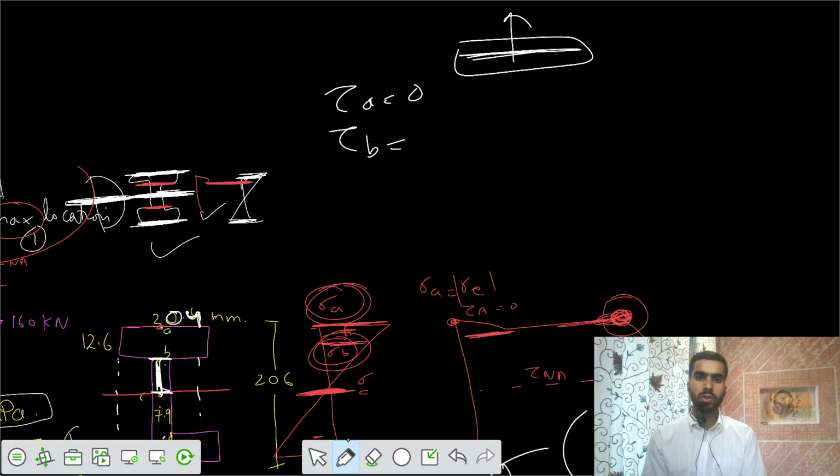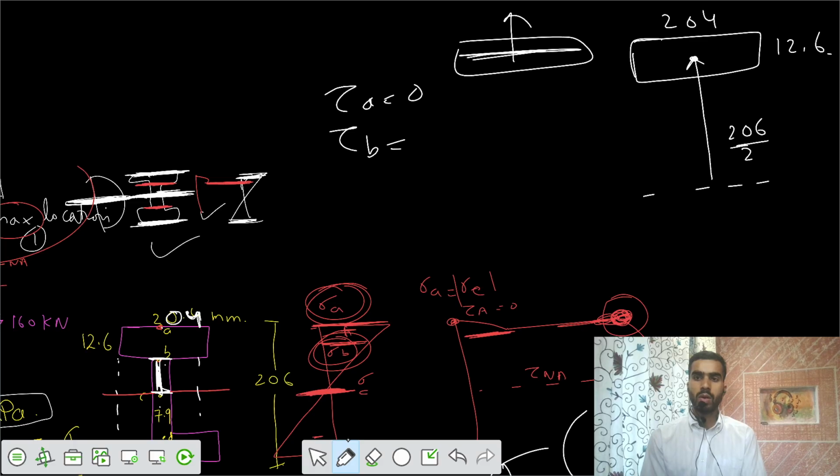Tau B is equal to, the area above that point is a rectangle of dimensions 204 and 12.6, and its centroid is somewhere at a distance of 206 by 2 minus 12.6 by 2. This is your y bar from the neutral axis.